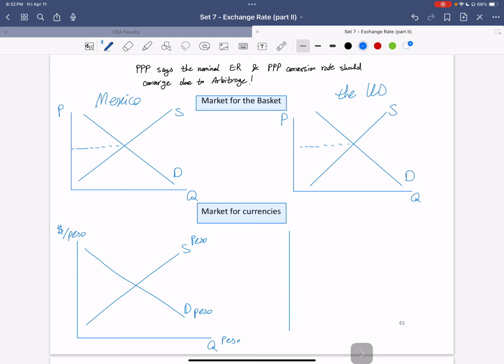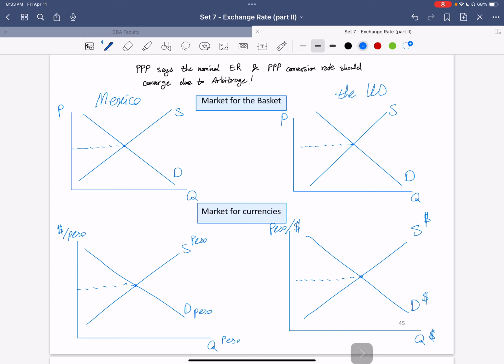And we have the quantity of dollar, peso per dollar. We have supply of dollar, demand for dollar, and equilibrium points. Okay, so we have these equilibrium points.